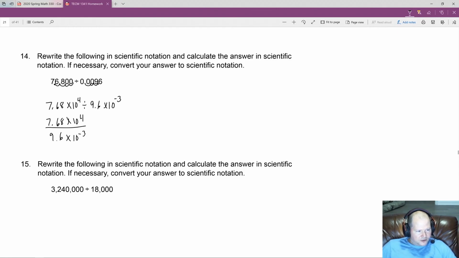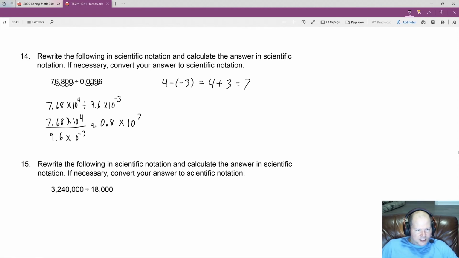We have to get a calculator to figure out what that is. 0.8, which gives you 0.8 times 10 to the, so we had a 4 on top minus negative 3. Now 4 minus negative 3 is the same as 4 plus 3, which gives you 7, so to the 7. Now there's a problem here though.